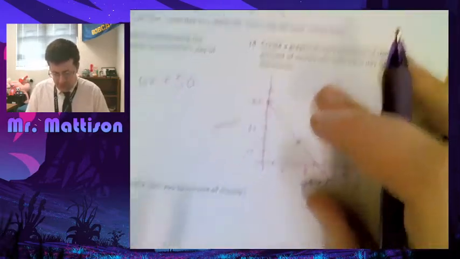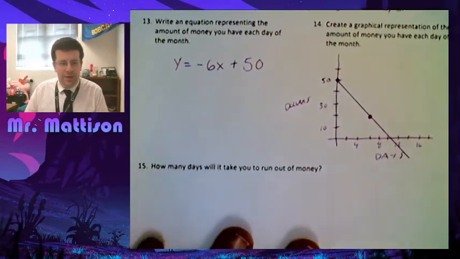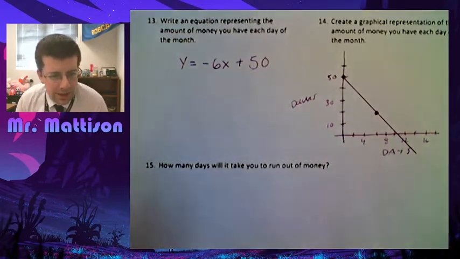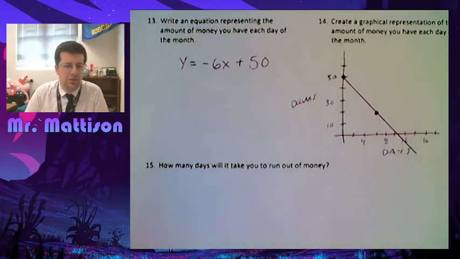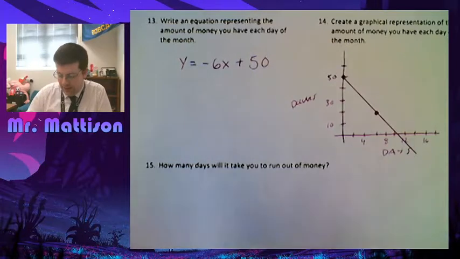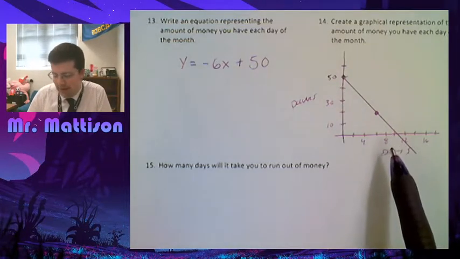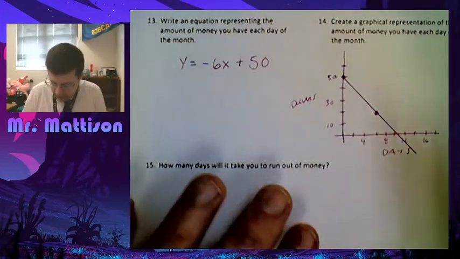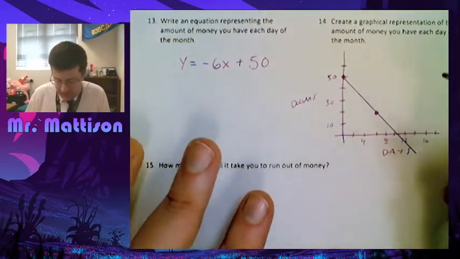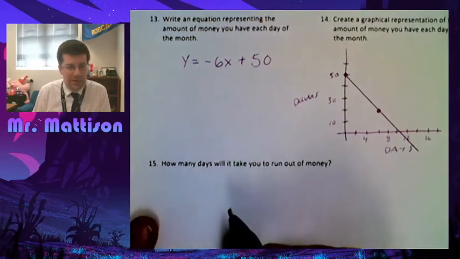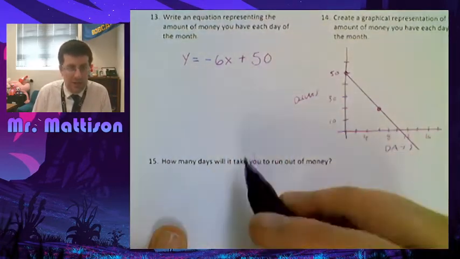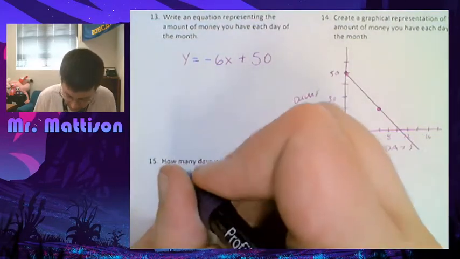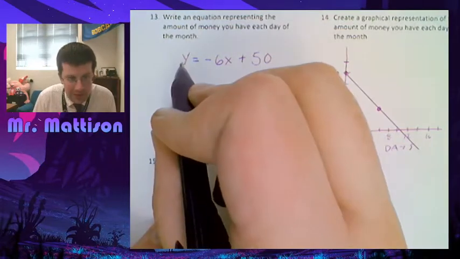Okay. So then question 15 is how many days will it take for your money to run out? So I could look at my graph. Now my graph is not going to be perfect by any means here. So I'm going to try and use an actual equation here to solve it out. So I can say, hey, when is my value going to be 0?